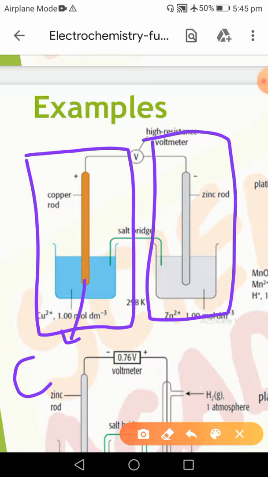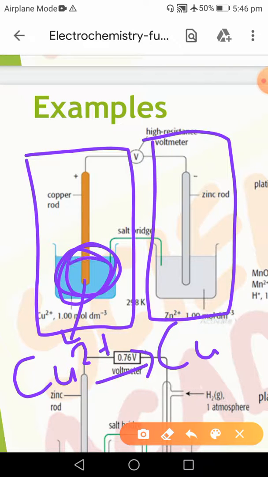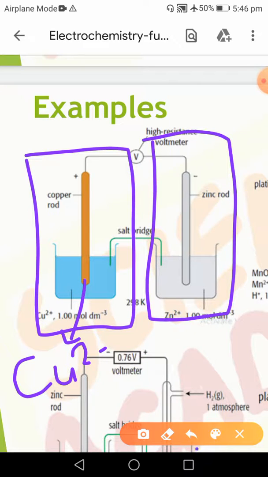Copper is reduced means copper 2 plus is turned into copper, isn't it? So the amount of positive charge in this solution has decreased. So some positive ions from the salt bridge will flow into this solution and maintain the amount of positive charge. So positive ions will flow from the salt bridge into the copper half cell.